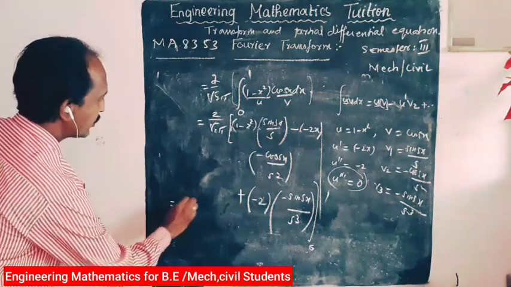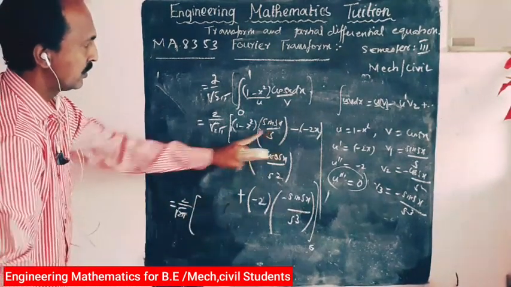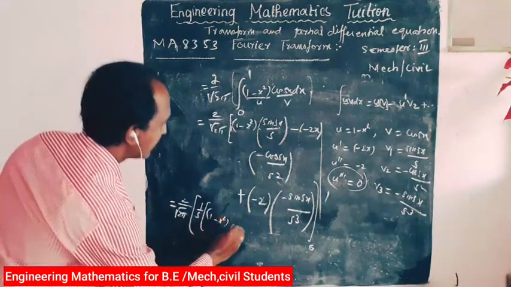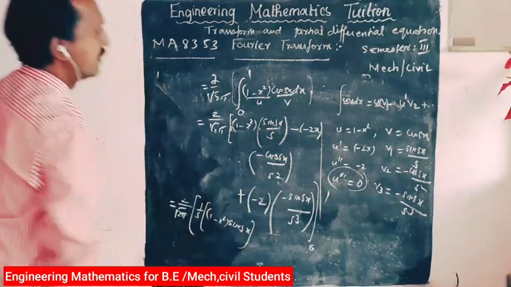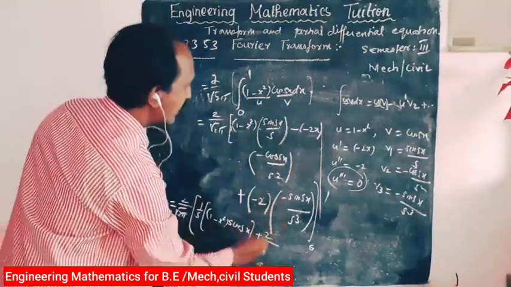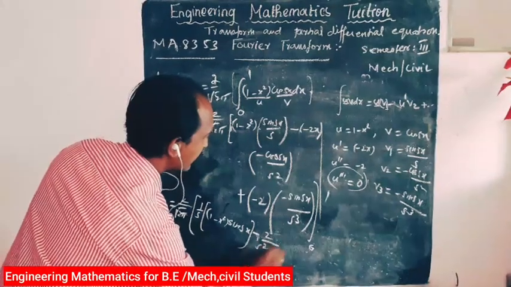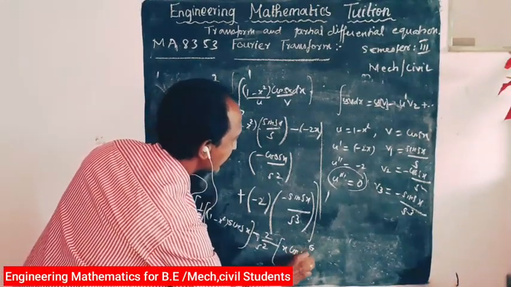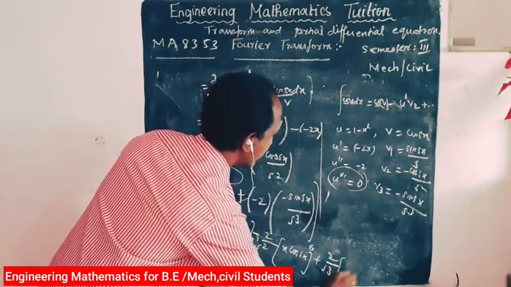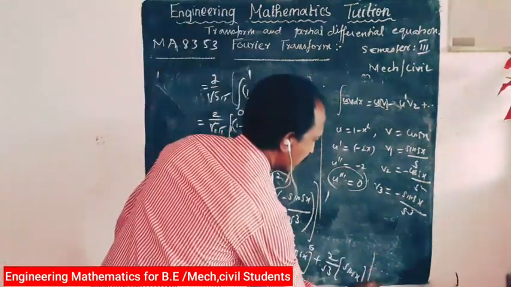So that is 2 by root of 2 pi into, taking the constant, 1 by s into (1 minus x squared) sin sx, then minus minus plus, 2 by s squared, giving minus 2 by s squared into x cos sx, then minus plus 2 by s cube sin sx, over the limits 0 to 1.